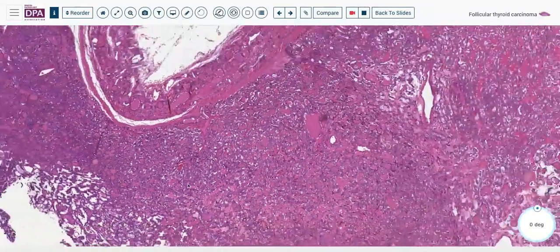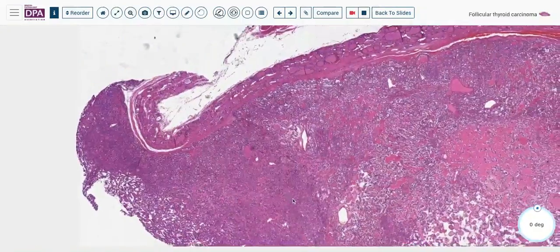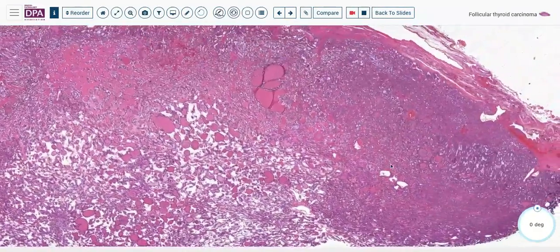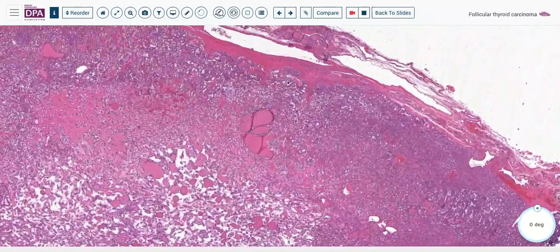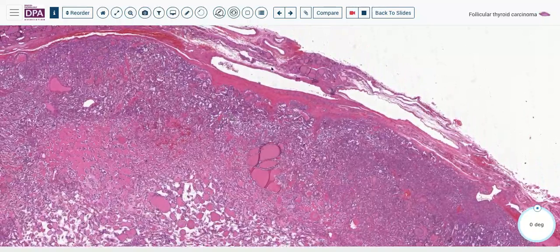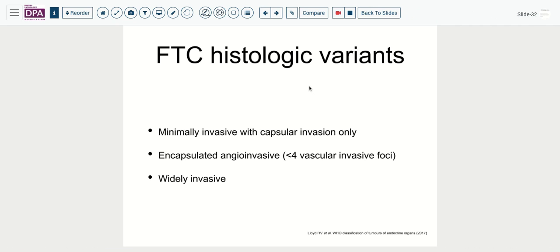But on the basis of this section alone, I don't think we can make that diagnosis. But it underscores the importance when you begin to see this sort of thing to look for that in all of the other sections. And of course, as we've done, to evaluate for nuclear features suggesting papillary carcinoma.